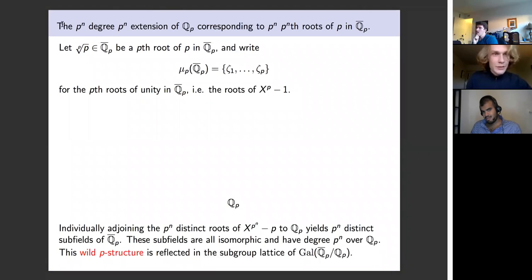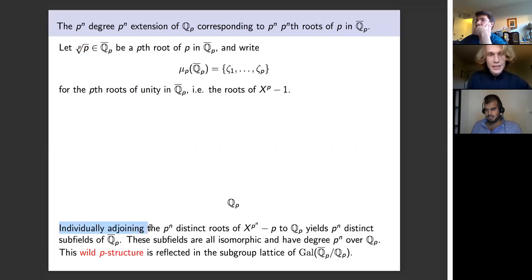So this is going to be our first example of a wild p structure. I'm going to show you the p^n degree p^n extensions of Q_p corresponding to the p^n-th roots of p in Q_p. So I'm going to fix a p-th root of p in Q_p bar, and form field extensions of Q_p by adjoining p-th roots of p to Q_p.